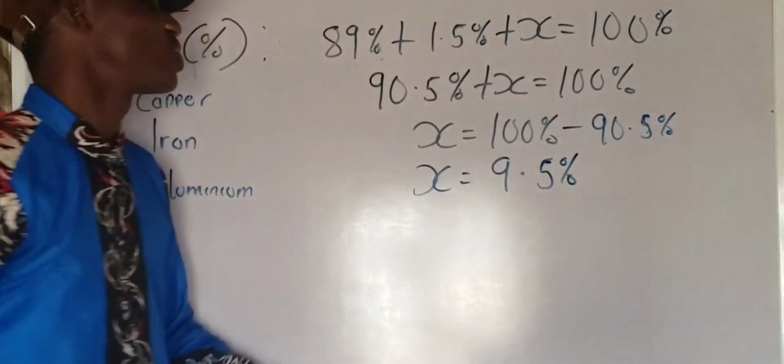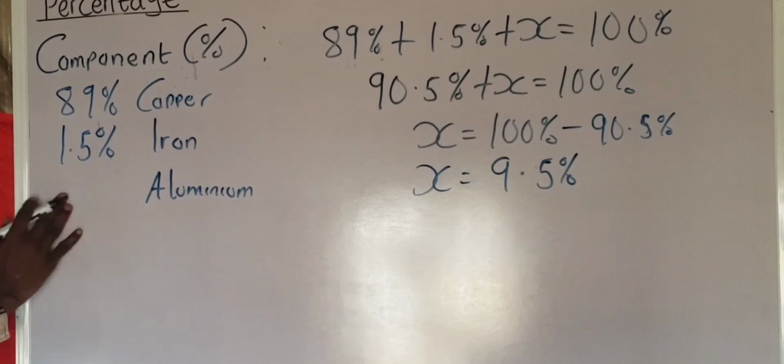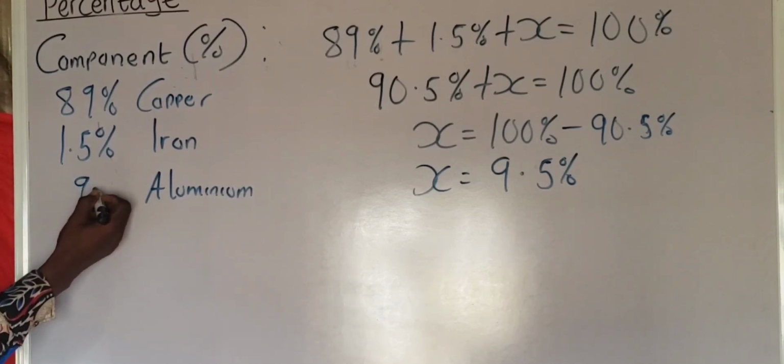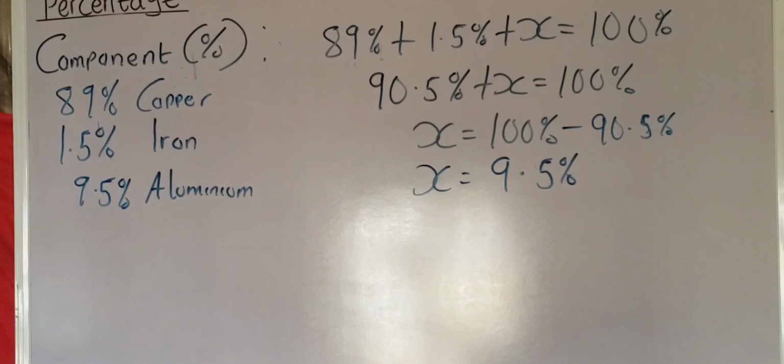So the percentage of aluminium now is 9.5. 9.5% of aluminium is present in the alloy.